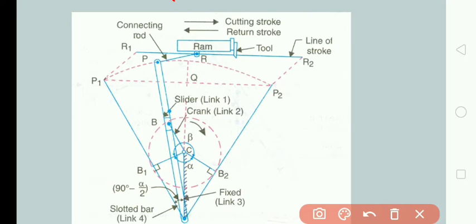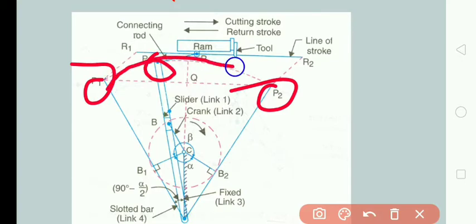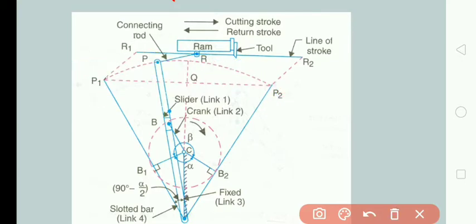It means that when the crank rotates, the point P will move between the limits P1 and P2, which is the path of travel of point P, and the slider B will move between the points B1 and B2. So that is the motion of this quick return motion mechanism.